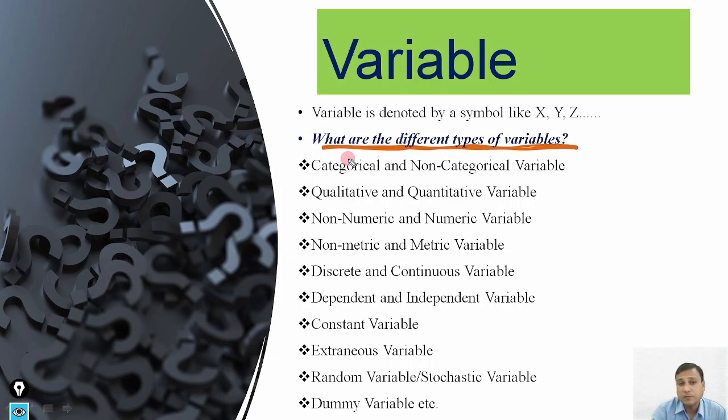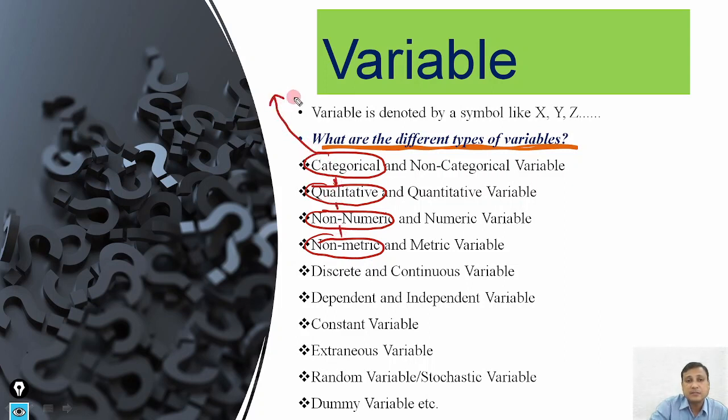What I mean to say, let's see, this categorical variable, this qualitative variable, this non-numeric variable and this non-metric variable, the names are different but they are representing the same thing, they are showing the same characteristic, they are showing the same variable, only the names are different. You go to different books you will find different names, but actually they all are same: categorical, qualitative, non-numeric and non-metric. How, that we'll see a little later when we see the meaning of all these types.